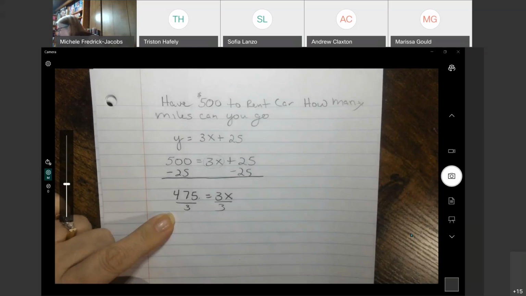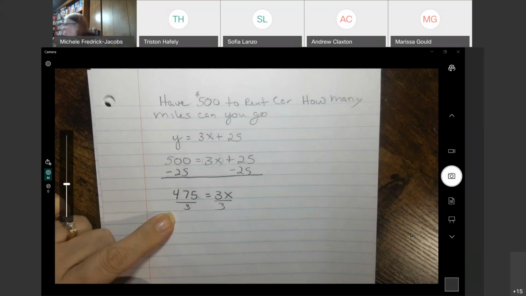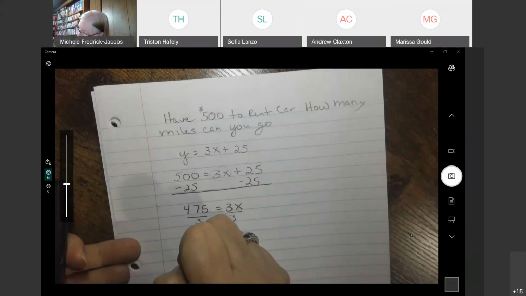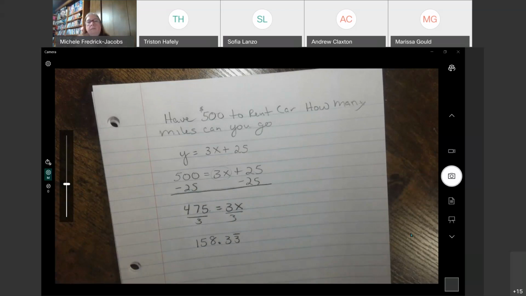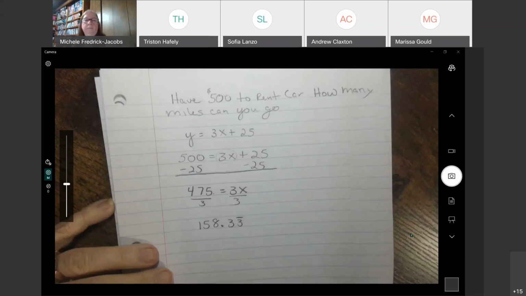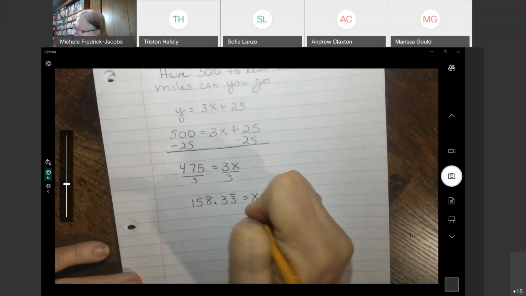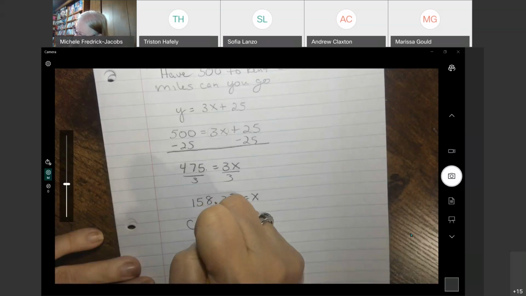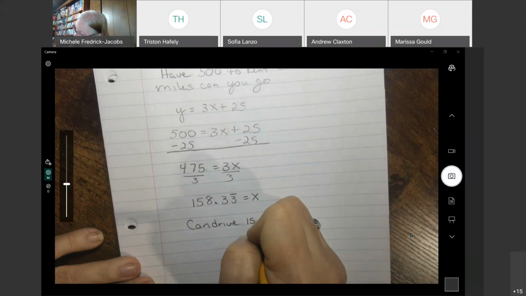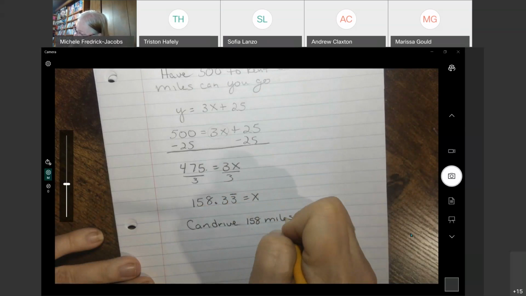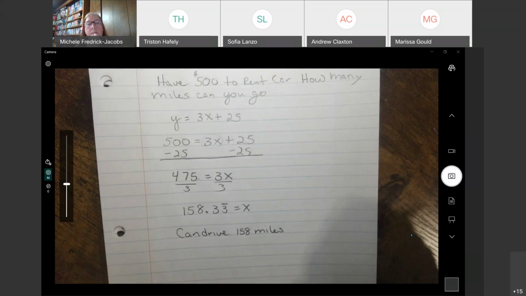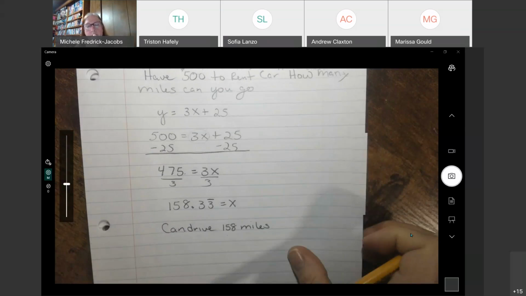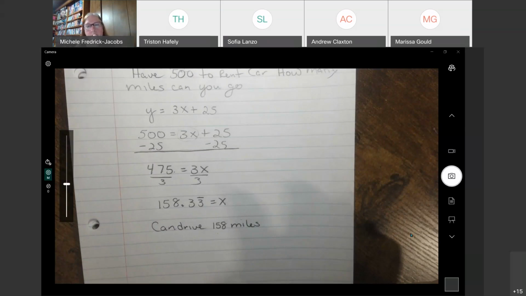So if we take 475 divided by 3, so we can drive 158 miles. Any questions on that?